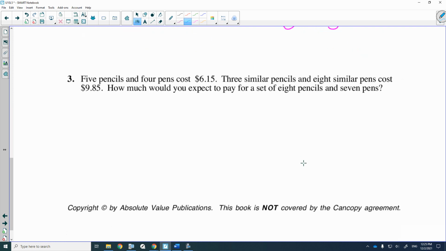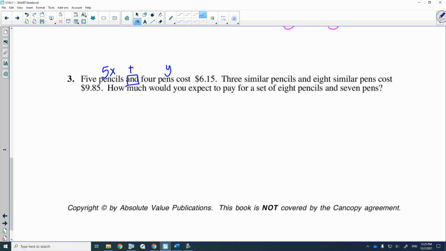Okay, number 3, I'll set this one up for you. It says 5 pencils. I'm going to call a pencil X. Okay, so there's 5 of them. 5 times however much a pencil is, and is going to be plus 4 pens.